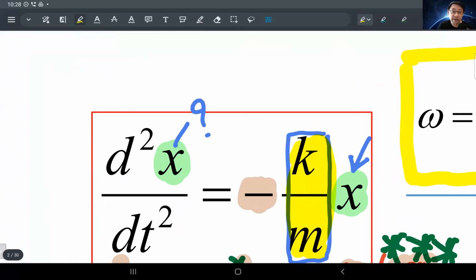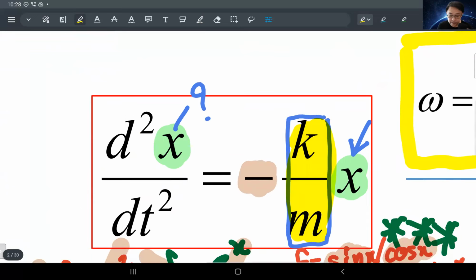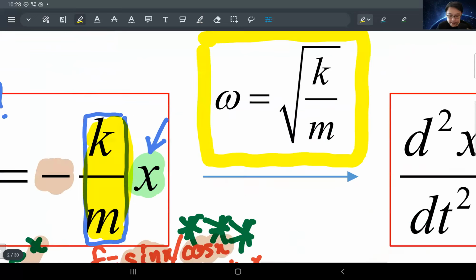All right. You want to differentiate twice and get the original function back with the negative sign in front. This is perfect. So this form of function is still a solution, and I think this is the most general one that you can think of for the sine and cosine function.